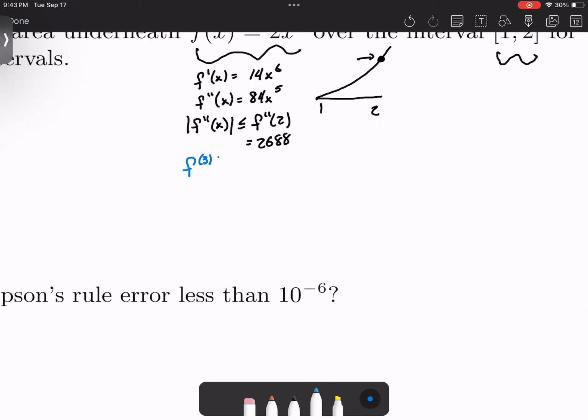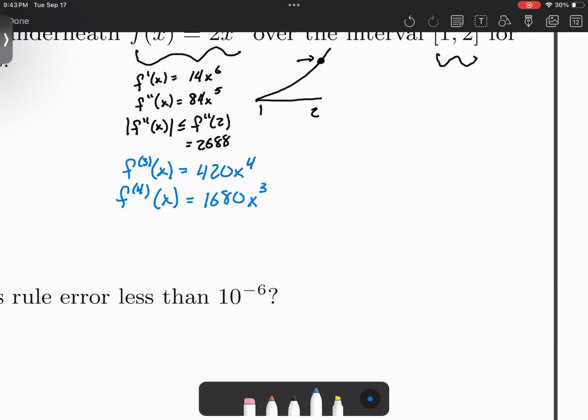So our third derivative is 420x to the 4th. Our fourth derivative is then 1,680x cubed. So again, you could find another derivative, a fifth derivative, set it equal to 0, and use your typical calculus 1 optimization techniques on this fourth derivative in order to maximize it, or just look at the geometry. If we look at the interval 1 to 2, this fourth derivative right here is monotonically increasing.